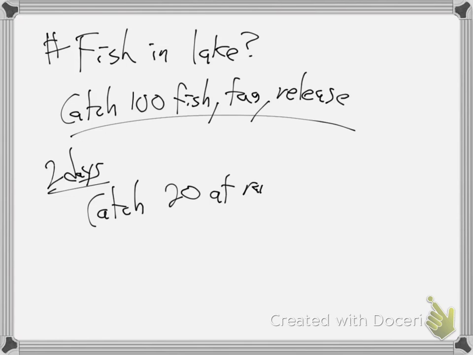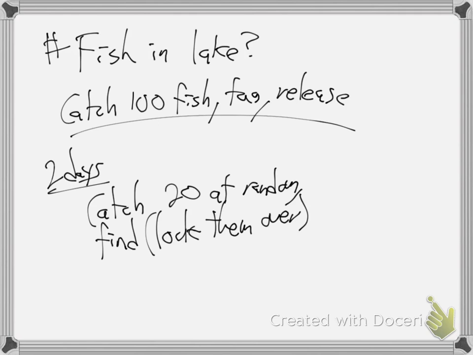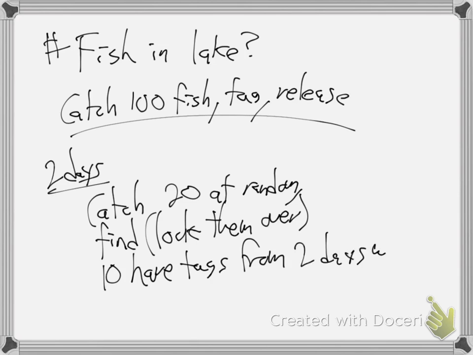You just throw down a net, grab 20, and you look them over, and you find that, let's say, 10 have tags. Have tags from 2 days ago, the ones you grabbed 2 days ago.